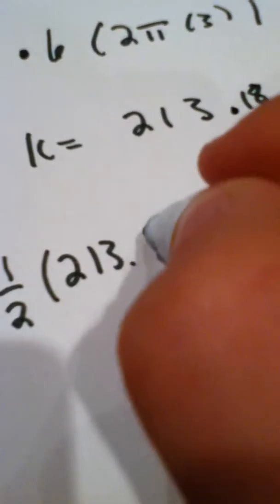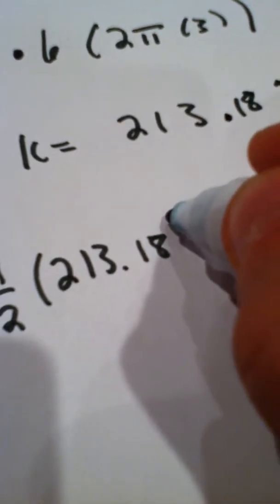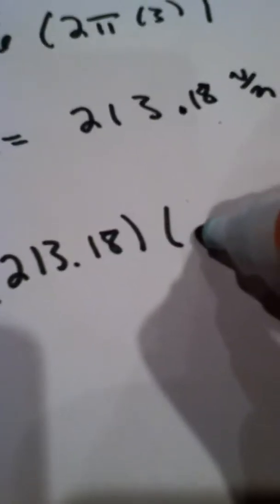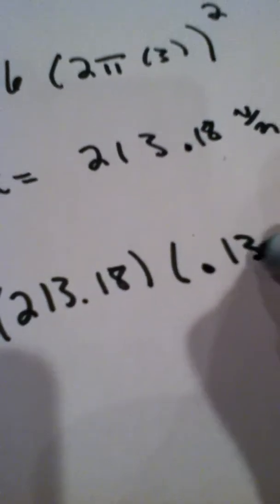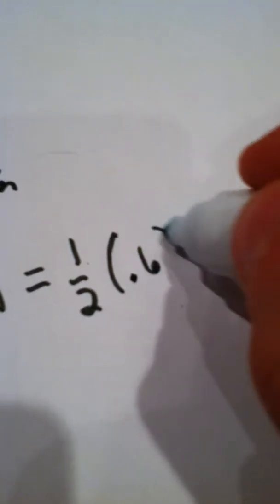So we write that down over here. 1/2 K, being 213.18, times our amplitude squared, which is 0.13, equals 1/2 of 0.6, which is our mass, and v max squared, which is what we are trying to solve for.